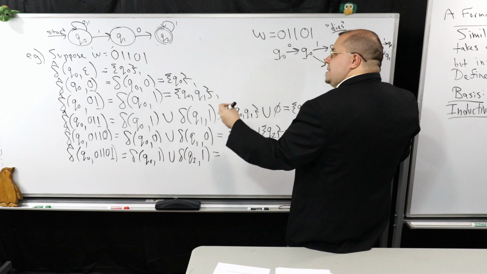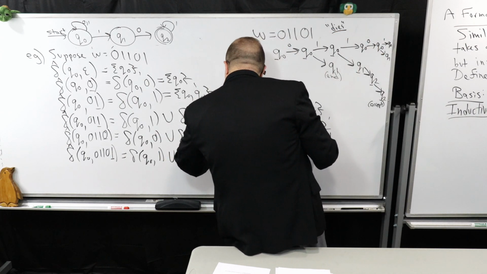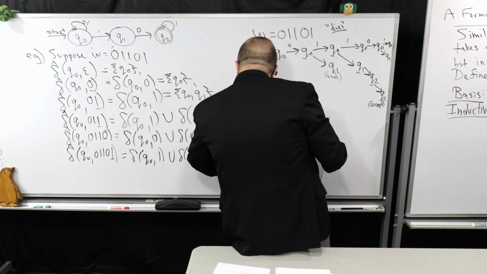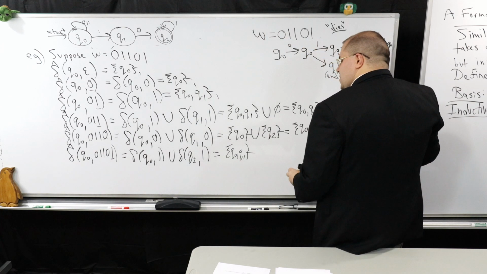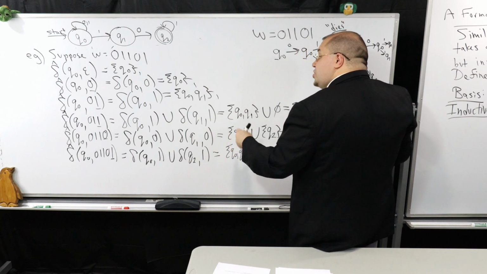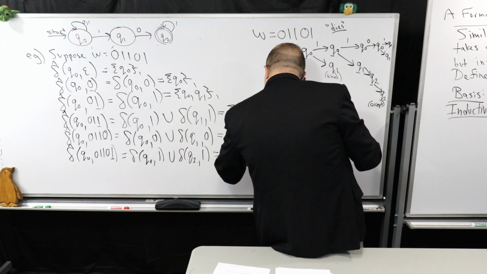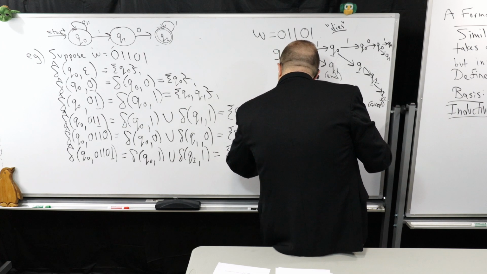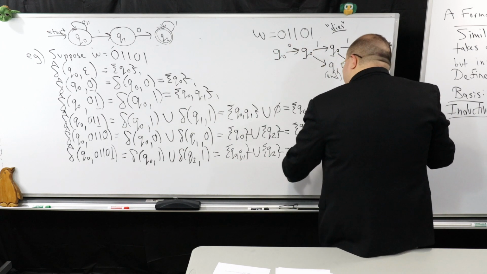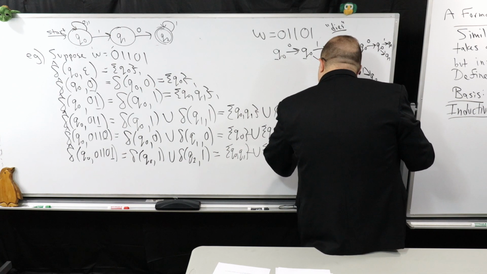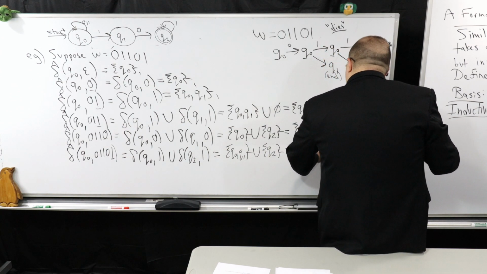Q0 with a 1 takes me to Q0, Q1, right? Q2 given a 1 just gives me Q2, right? So notice that this contains all the states, Q0, Q1, and Q2.